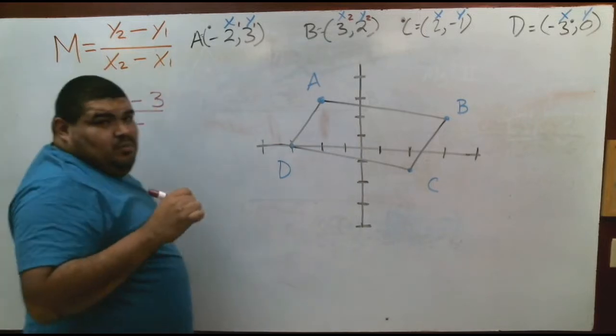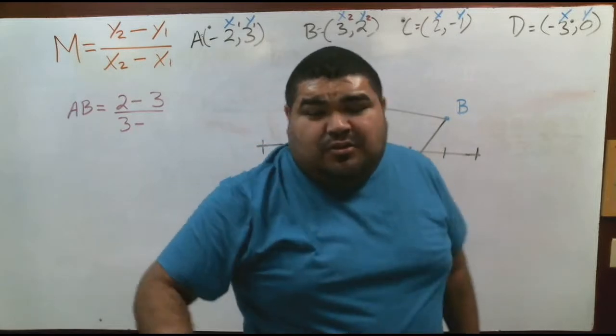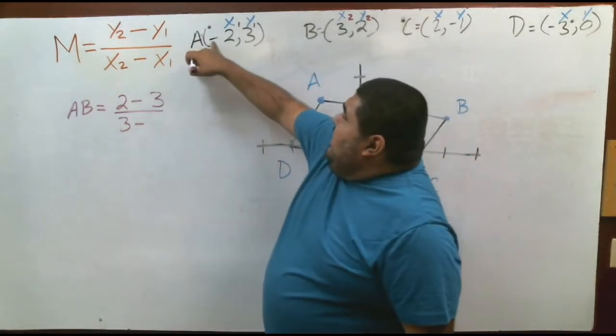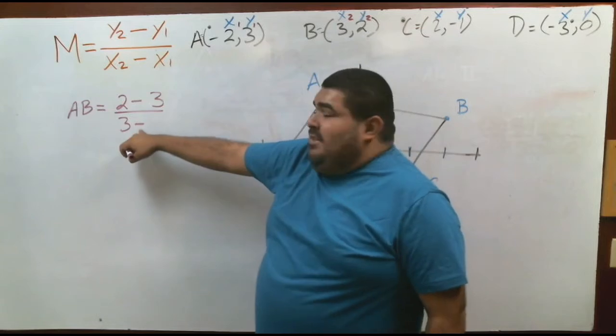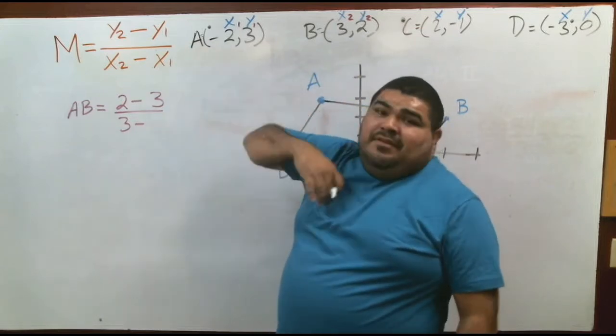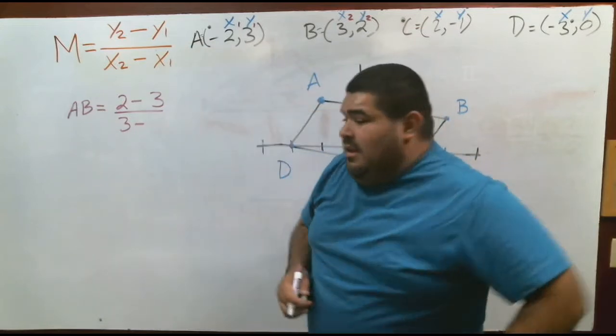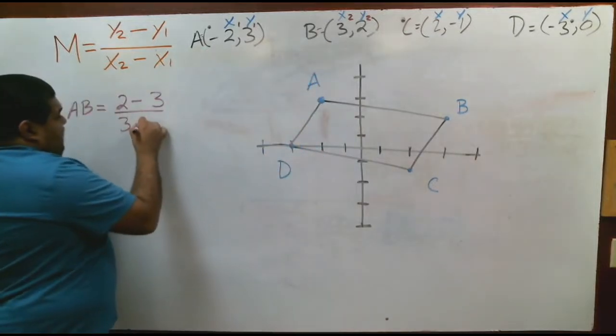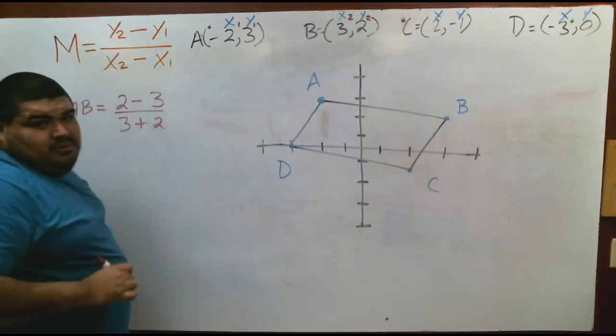Remember, guys, when this happens, notice that you have a negative 2. You already have a negative in there. A negative in a negative makes it positive, okay? So it becomes plus 2.